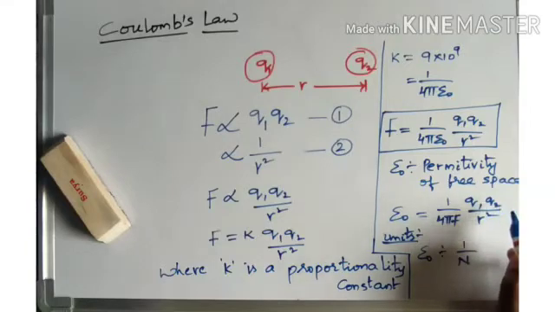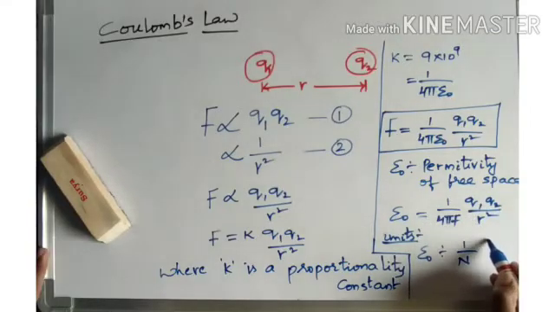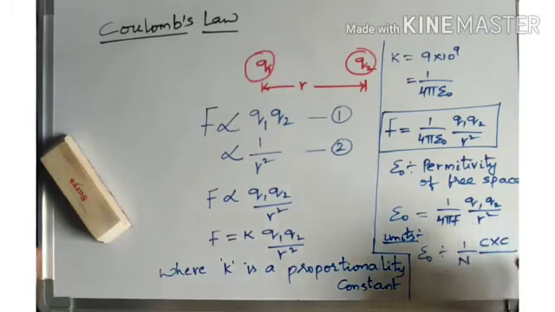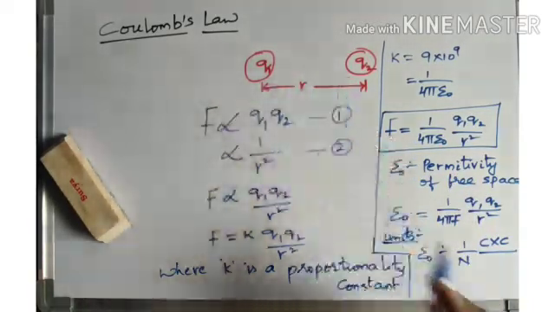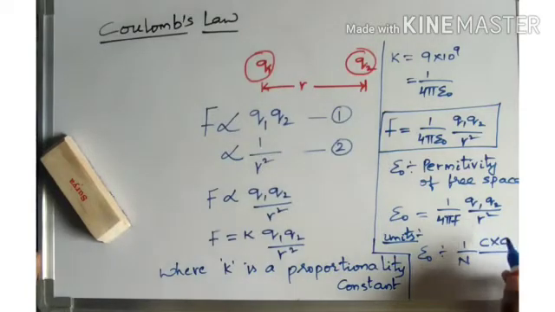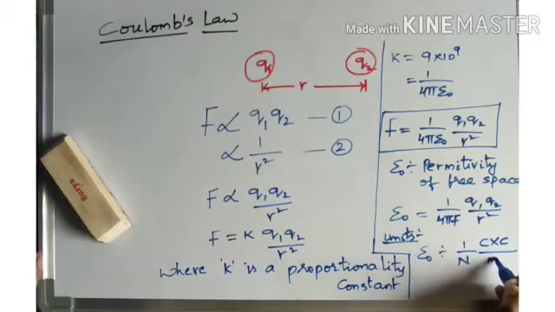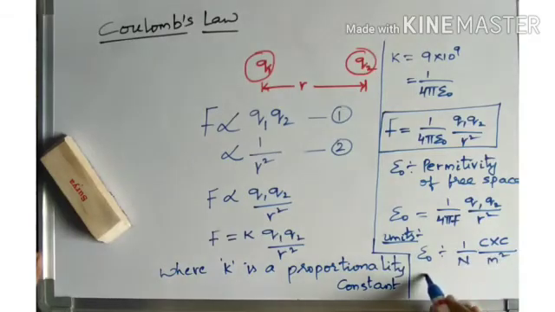Q1 as well as Q2 are both measured in Coulomb. R is the distance between these two charges, measured in meter, so since it is distance square, it is meter square. Rewriting once again, it is Coulomb square per Newton meter square. So these are the units.